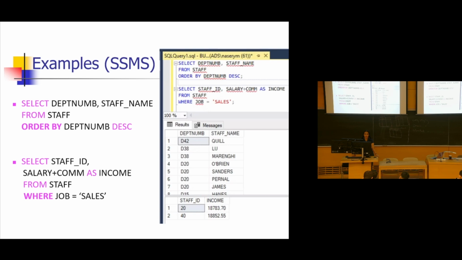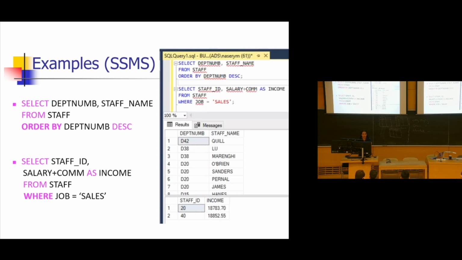So you can select, for example, staff ID, and then salary plus commission as income. Always if you want to give a name to a column, you use AS, and then it adds a column with the name income, as you can see here, which didn't exist in the table.